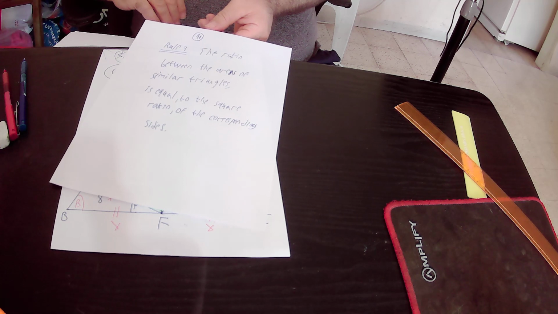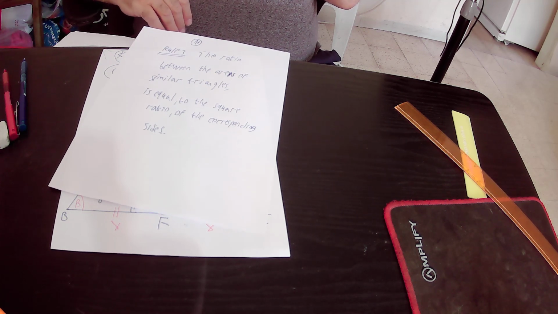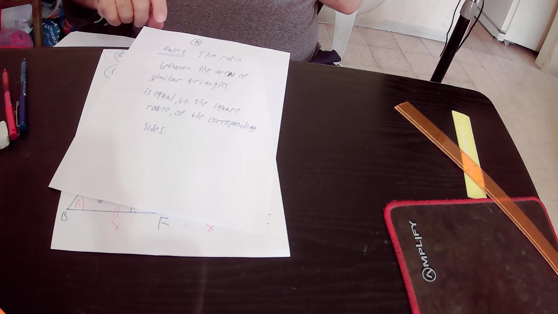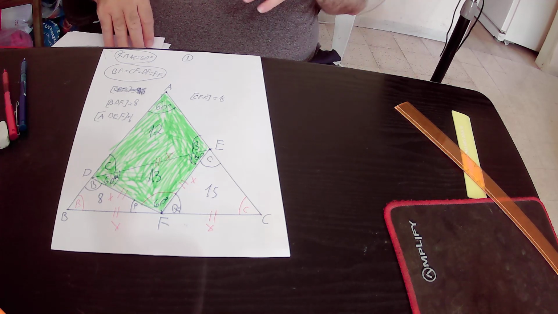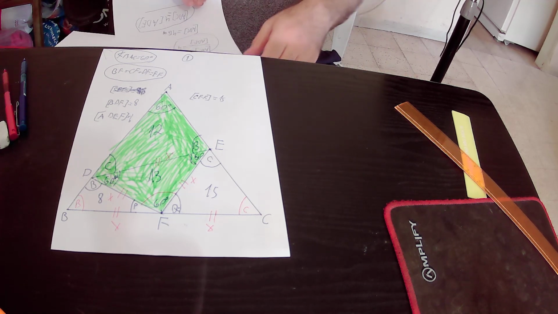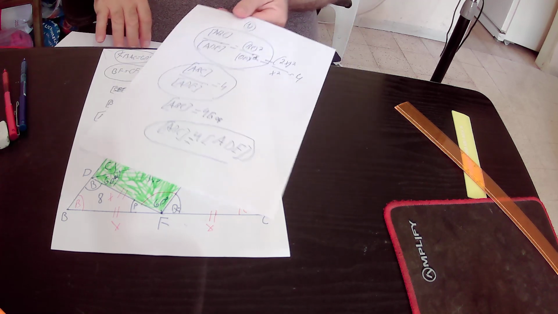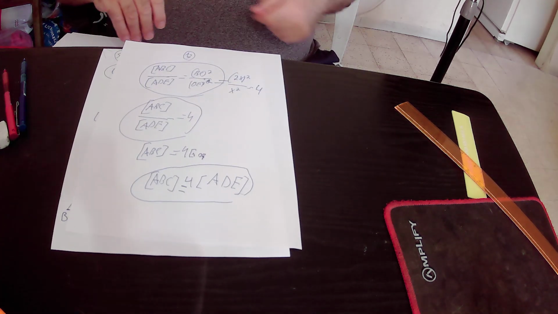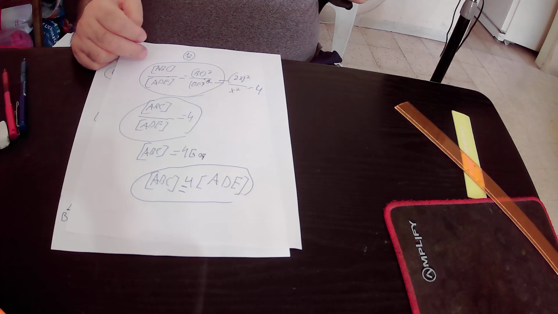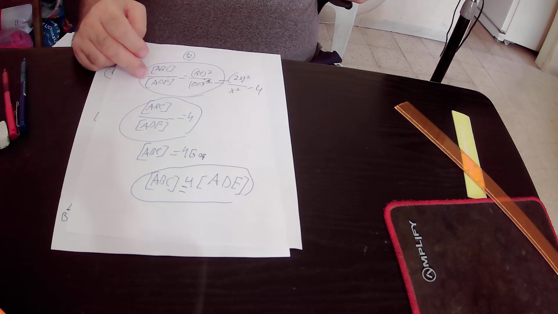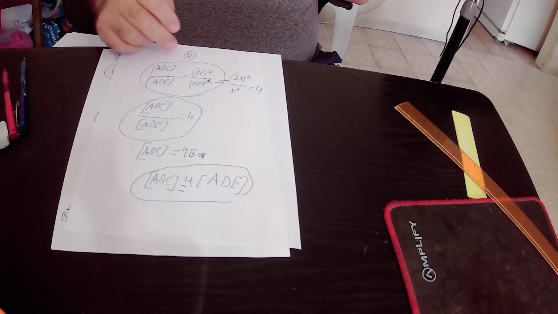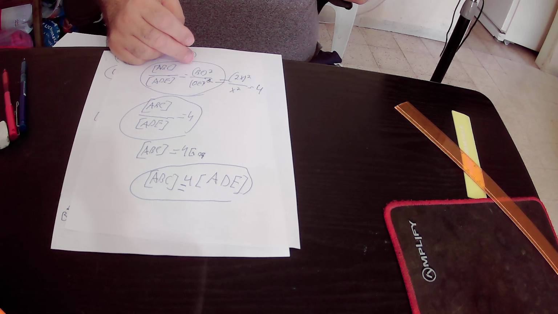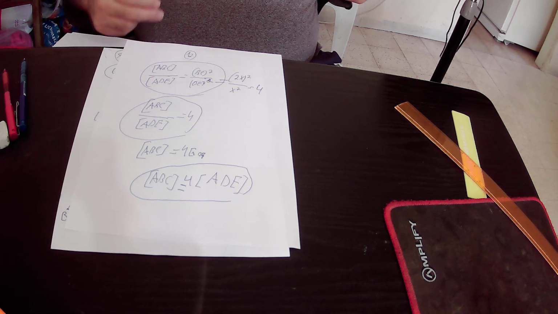So if we implement this rule number 3 in our similar triangles, we can create the formula that states that the area of triangle ABC over the area of triangle ADE must be equal to the ratio between the corresponding sides, that is BC squared over DE squared.